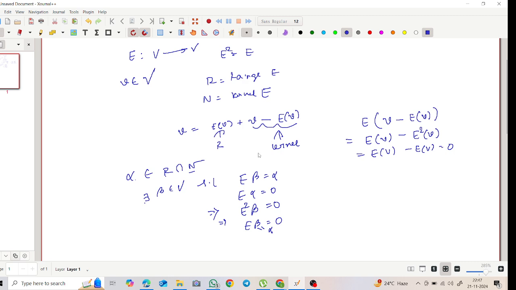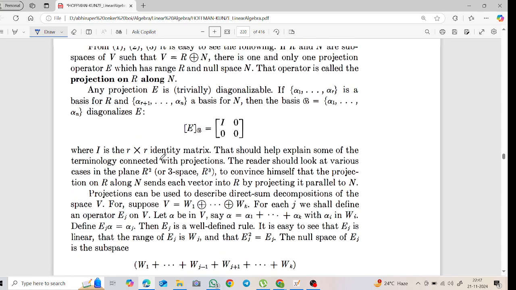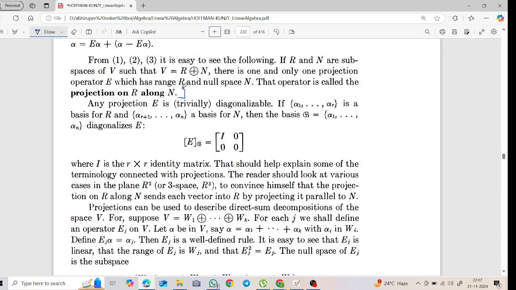Thus V is a direct sum decomposition of R and N. Remember this terminology. For subspaces R and N, there is one and only one projection operator E which has range R and null space N. The operator is called the projection on R along N.